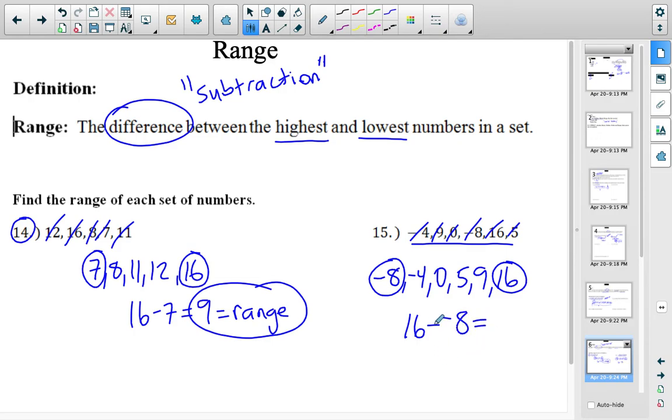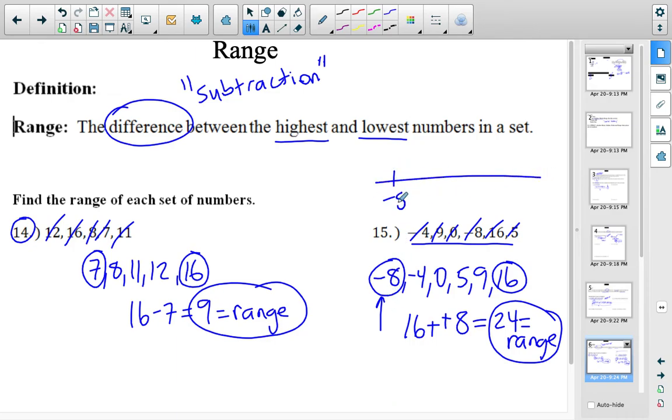Remember, I'm subtracting, so I could go plus a positive, which gives me a range of 24. So we can find the range, mean, median, mode, all of these, even if we have negative values. And that makes sense. On a number line, I'm here at -8, here would be 0, over here would be 16. I could kind of jump, here's 8 and 16 more. So again, I have a range of 24.